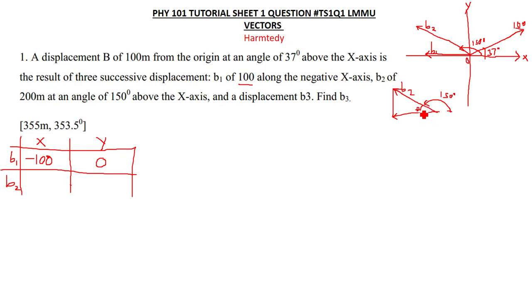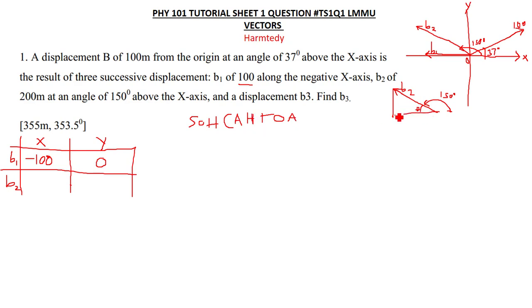From SOHCAHTOA, we are going to use cos, because we have been given the adjacent and the hypotenuse.